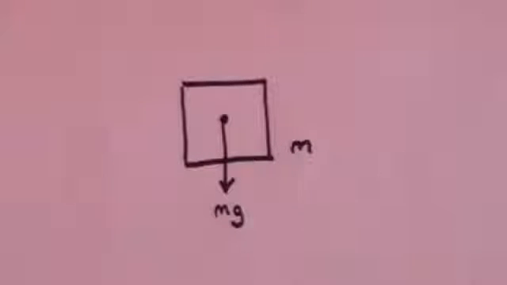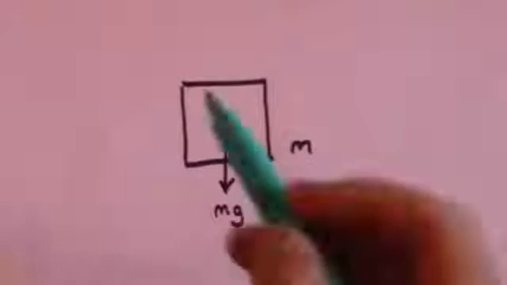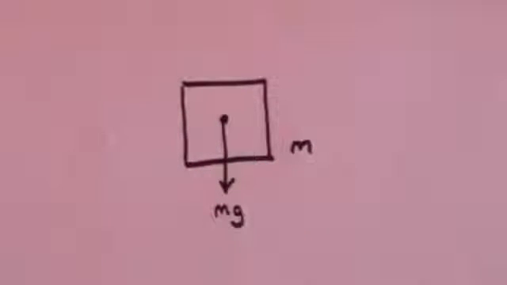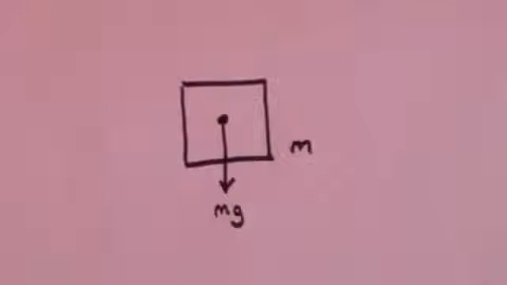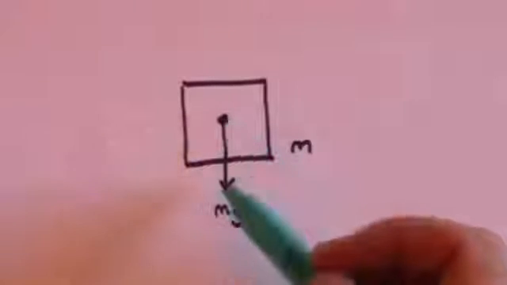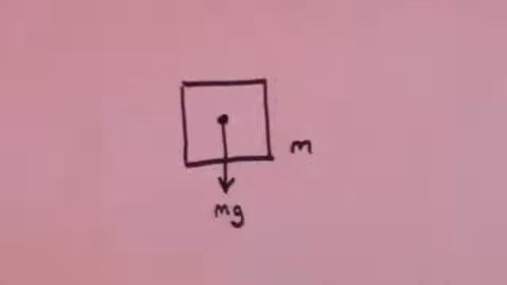So if you've got a body which has a finite size like this, and you're saying, well, where exactly does the force of that body apply? The answer is that you can regard the whole mass as being at a point which is called the centre of mass, and consequently the force associated with that in a gravitational field is equal to mg.